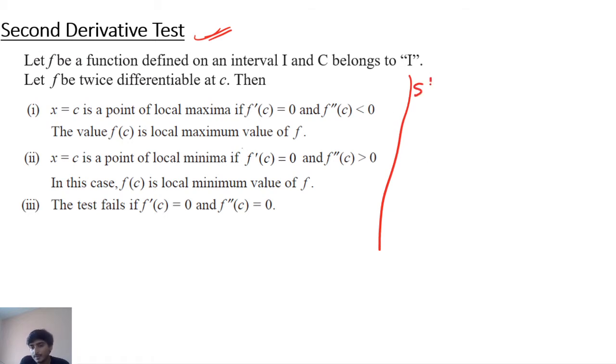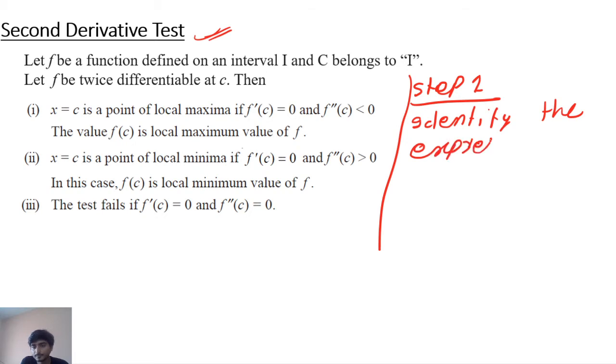First step is step 1. In step 1, identify the expression or maybe relation.